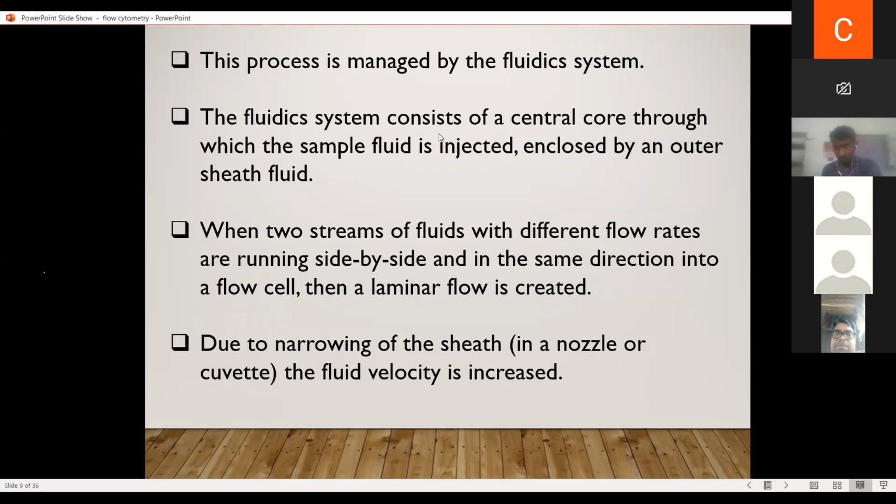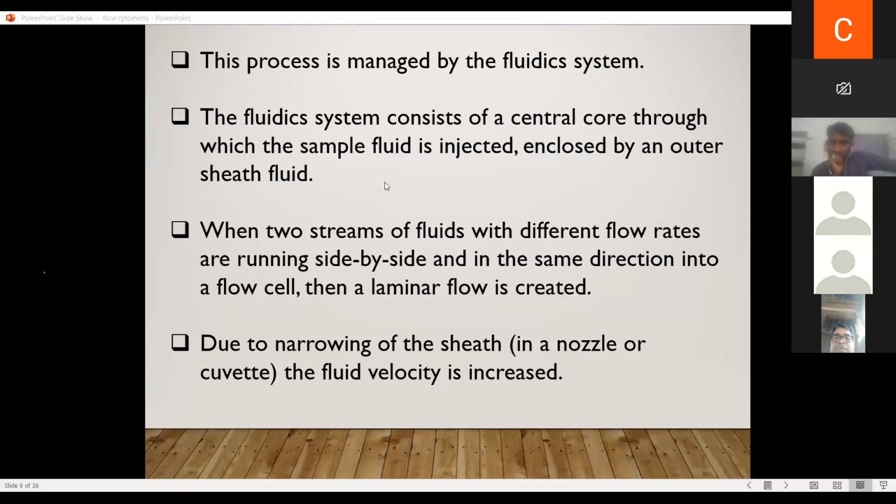fluidic system. The fluidic system consists of a central core through which the sample fluid is injected, as I already told, which is enclosed by an outer sheath fluid. When two streams of fluid with different flow rates are running side by side in the same direction, a laminar flow is created. On the basis of this laminar flow, with narrowing of the sheath in a nozzle or cuvette, the fluid velocity is increased.